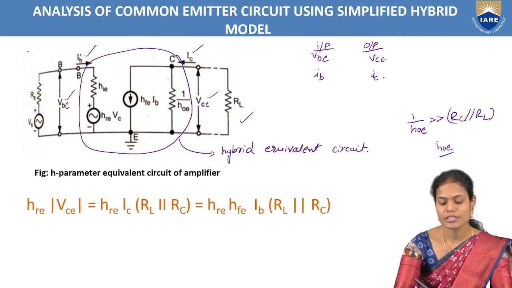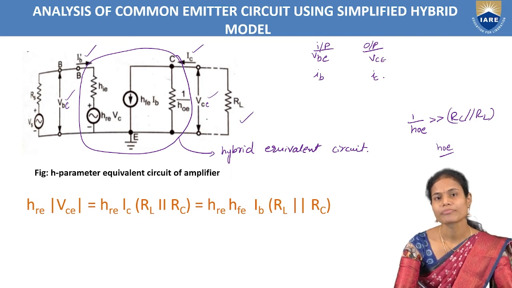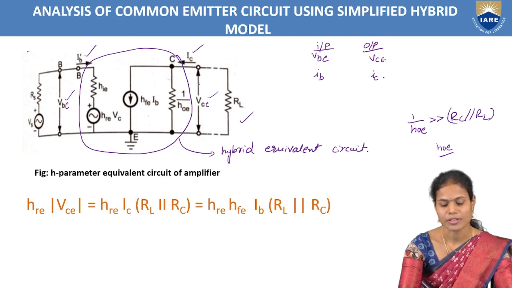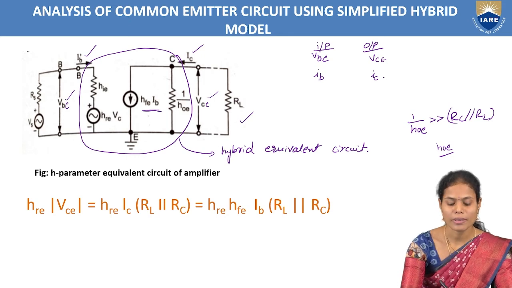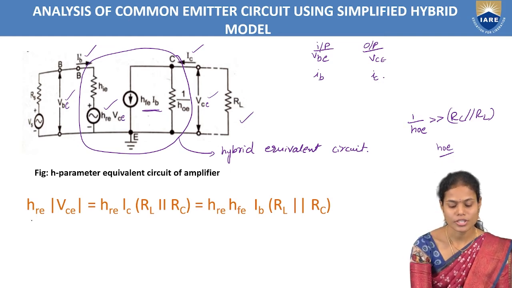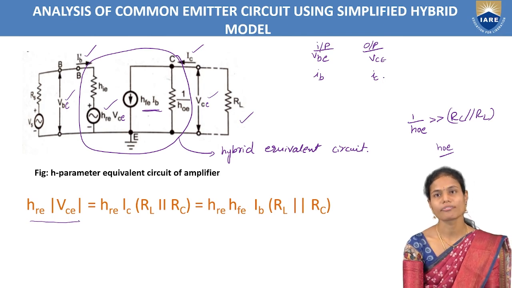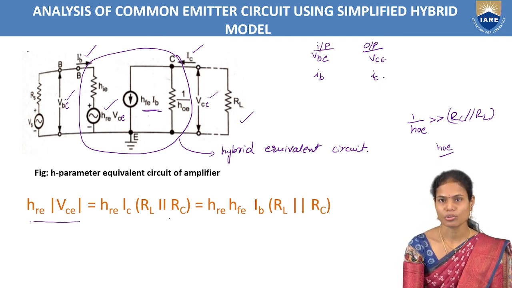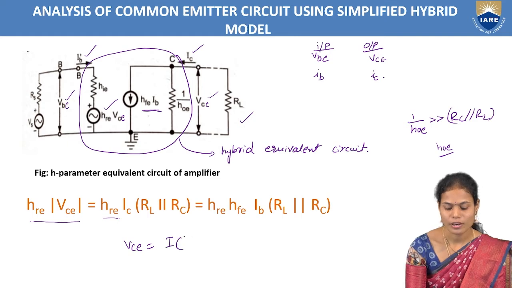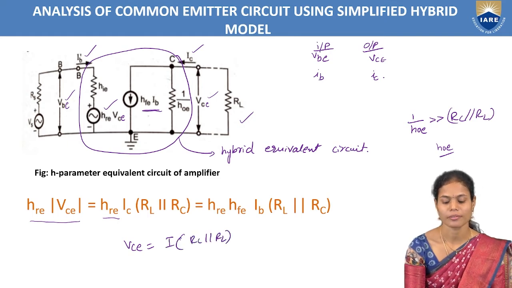Once we neglect HOE in the amplifier circuit, there is an effect on the IC current: IC is now HFE IB. Similarly, the same effect is there in the HRE VCE source. What is that effect? If we write HRE VCE after removing HOE from consideration, HRE VCE equals IC into RC parallel with RL.